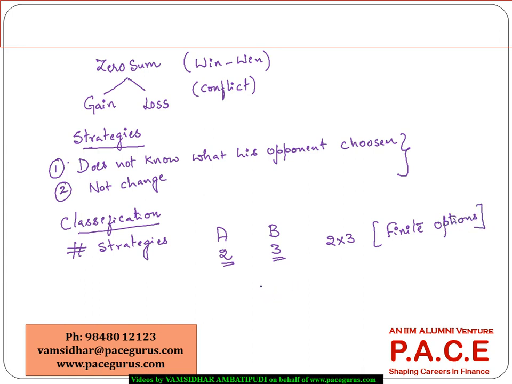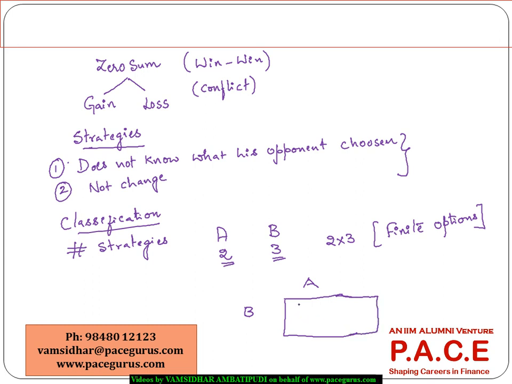So we'll try to represent one game and see how the strategies are typically picked and how the representation goes. Let's say I talk about two players, A and B. And let's say A has two strategies, whereas B can take three strategies.